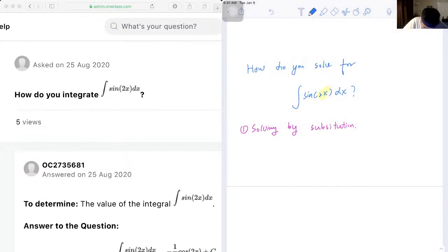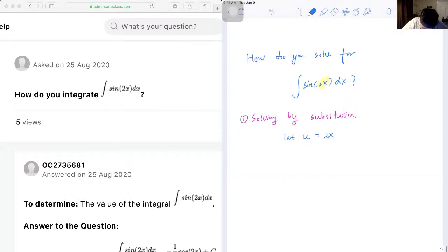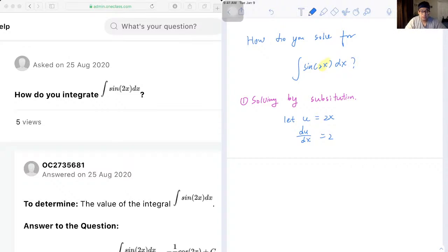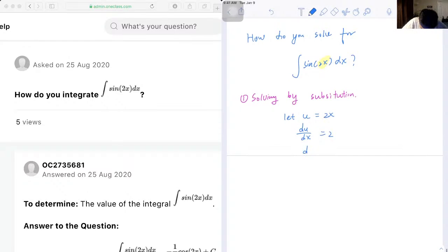So let u is equal to 2x, and therefore du/dx is just going to be equal to 2, and we just move dx to the right hand side. That's going to give us du is equal to 2 times dx.